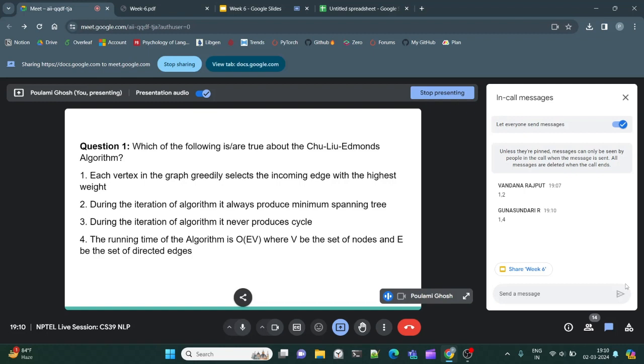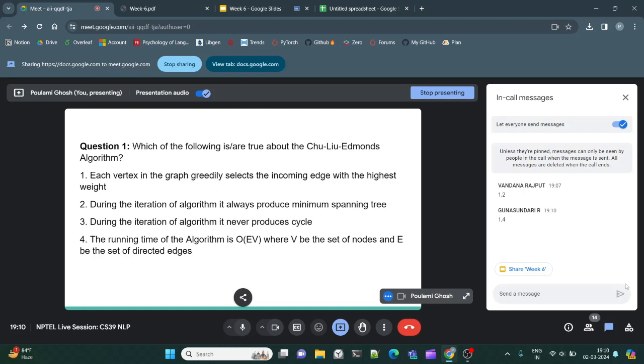Gunasundari has said it's 1 and 4. Would you like to say why you think 1 and 4 would be correct? It always produces the minimum spanning tree, and produces the cycle also during iteration. So you have mentioned 1 and 4 are correct, and 2 and 3 would be incorrect as per what you're saying.